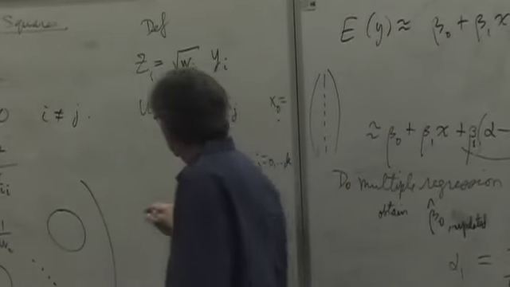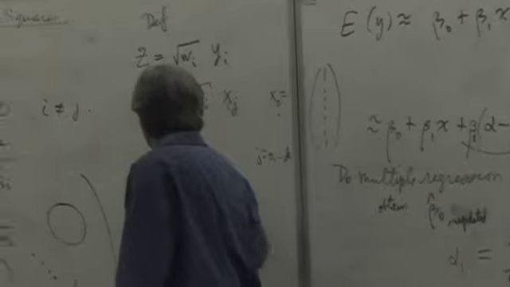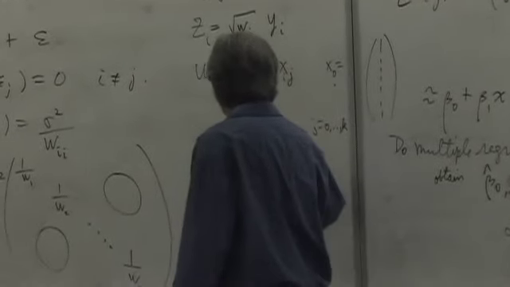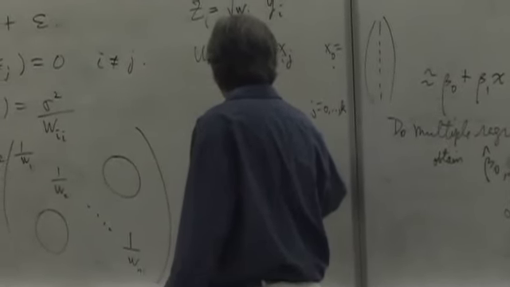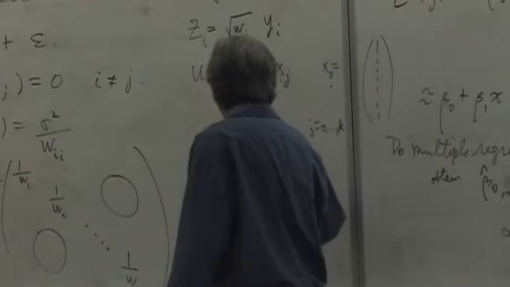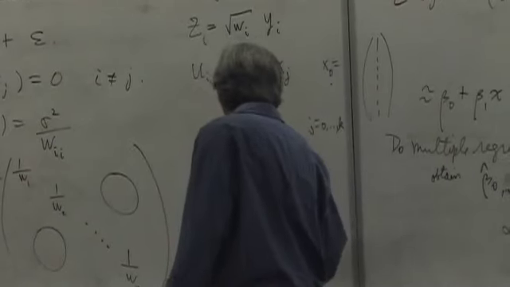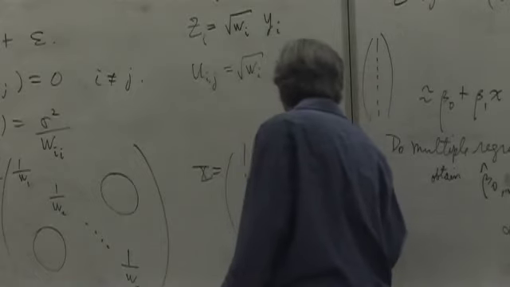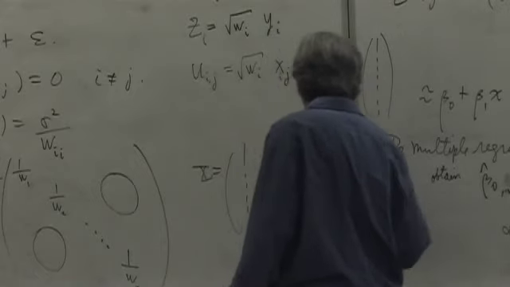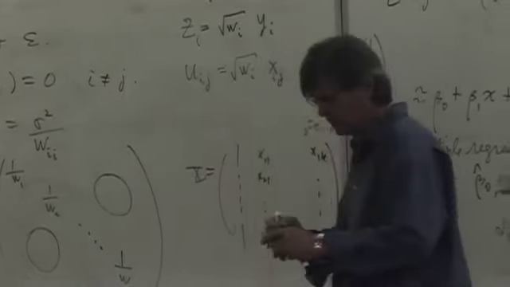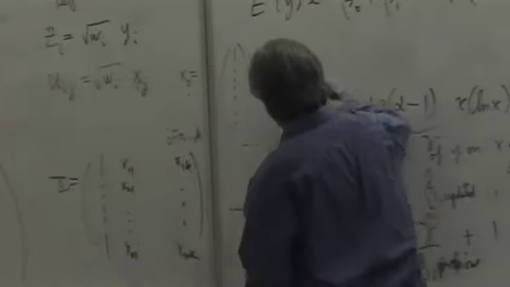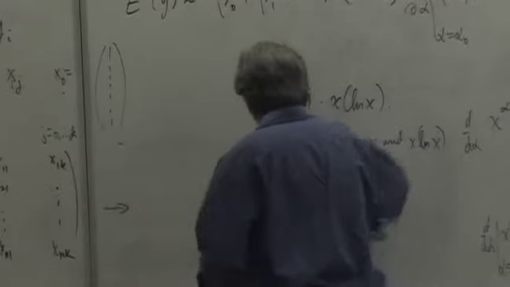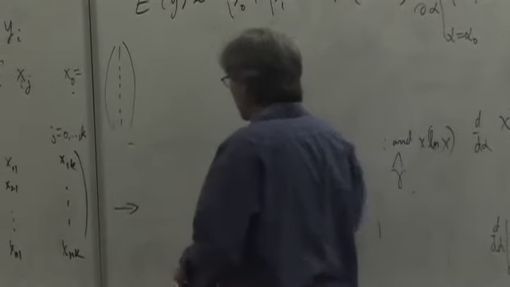So I'm going to take my x matrix, which was equal to 1, 1, 1, 1, 1, 1, like this, x11, 1, x21, down to xn1, and then over to x1k, down to xnk. And I'm going to convert it into a U matrix by multiplying each row by the corresponding square root of w.